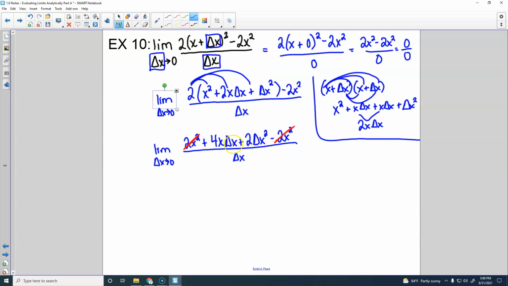So both of these have at least one delta x, so I can factor out the delta x. I'm going to pull this delta x out here, and I've got 4x plus 2 delta x over delta x. And I'm going to put the limit notation out here.